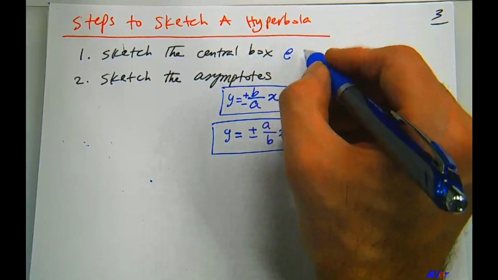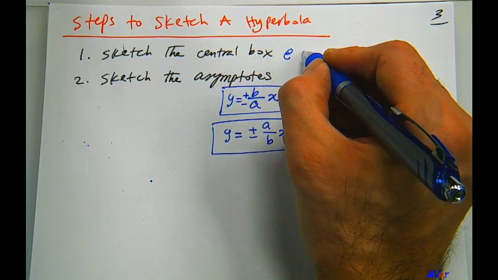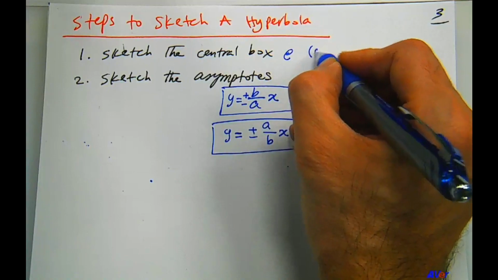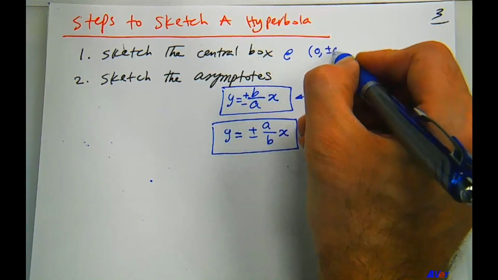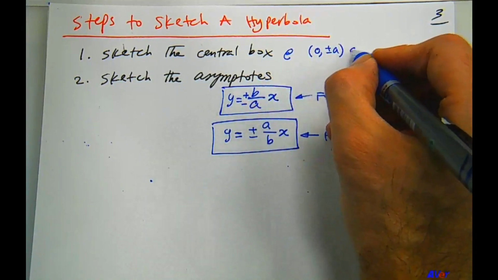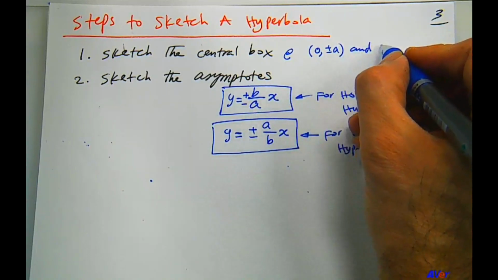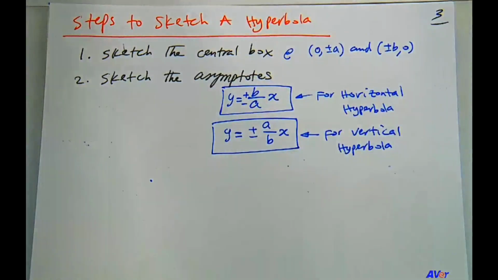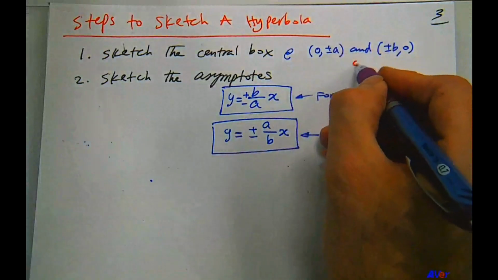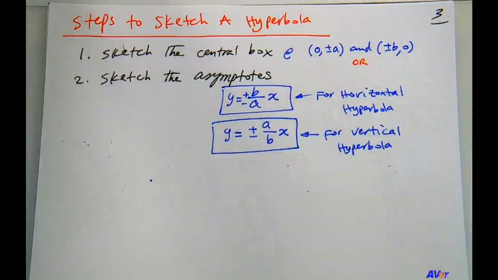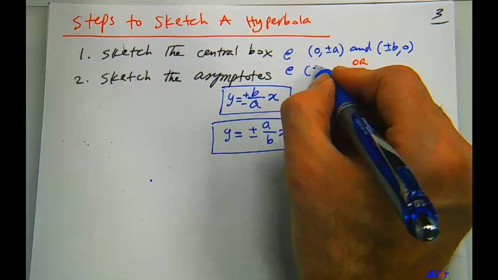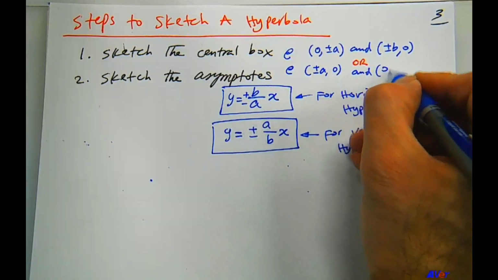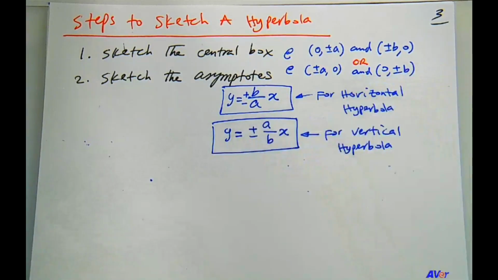So at the vertices, these locations, maybe 0 comma plus or minus a, and plus or minus b comma 0, or they'll be either there or at plus or minus a comma 0 and 0 comma plus or minus b.